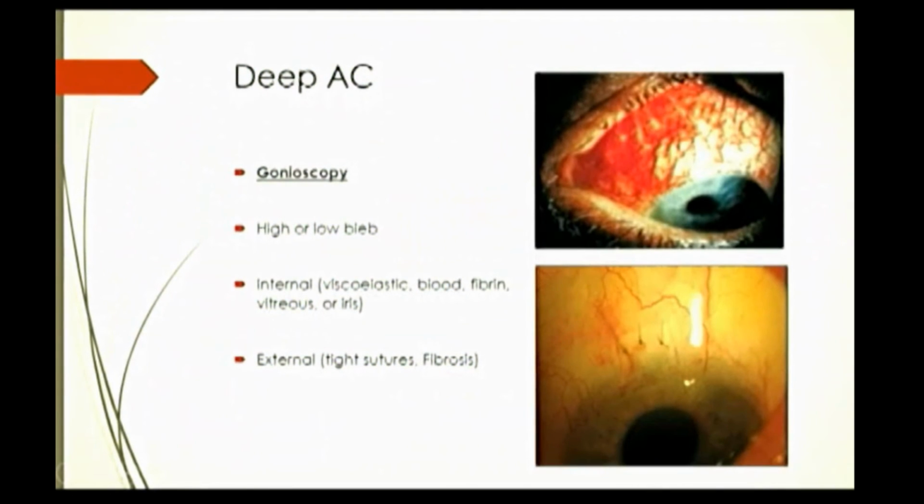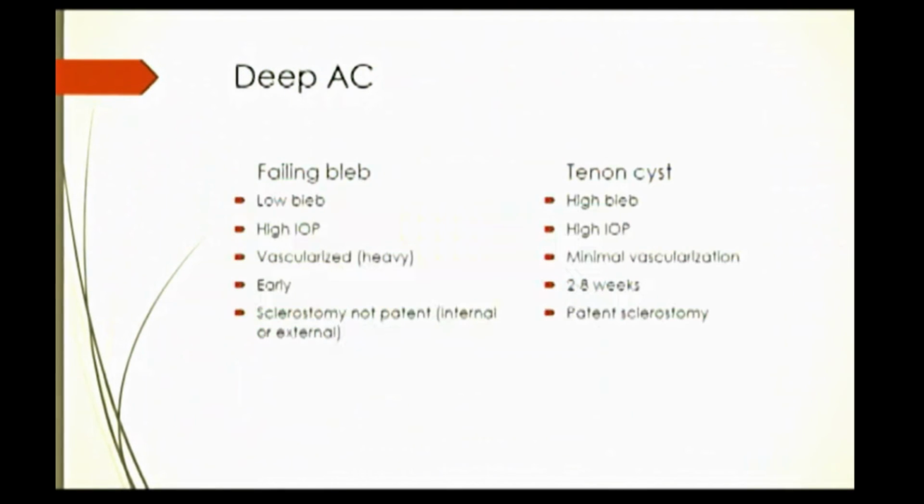It helps when you use 1 milligram of anti-VEGF subconjunctivally. Again, failing blebs start early on, and a Tenon cyst takes a while. The most important thing is that when you do gonioscopy, you'll see the difference most of the time.